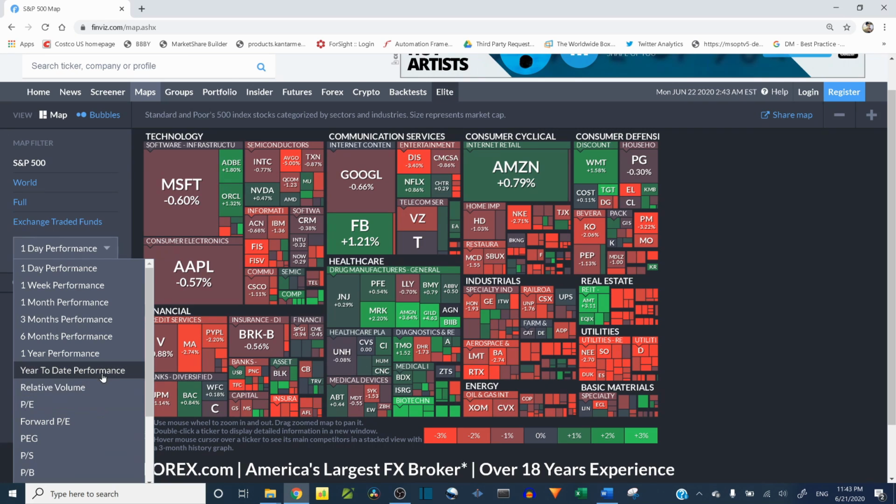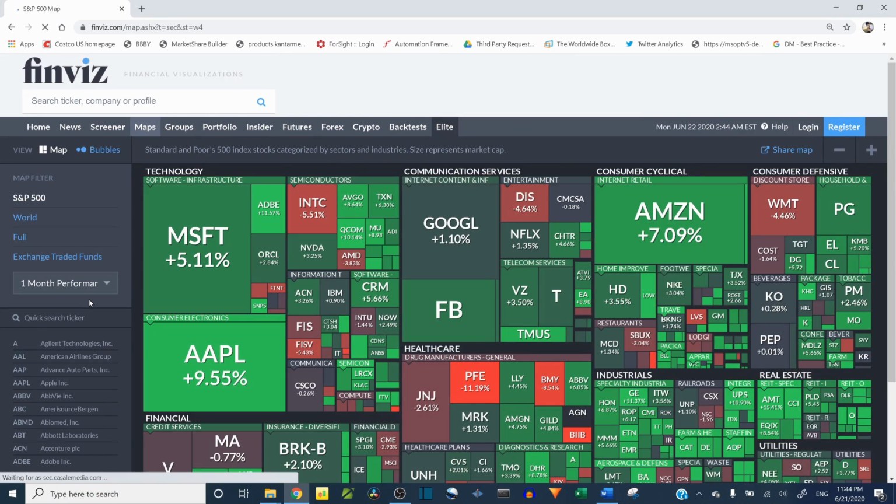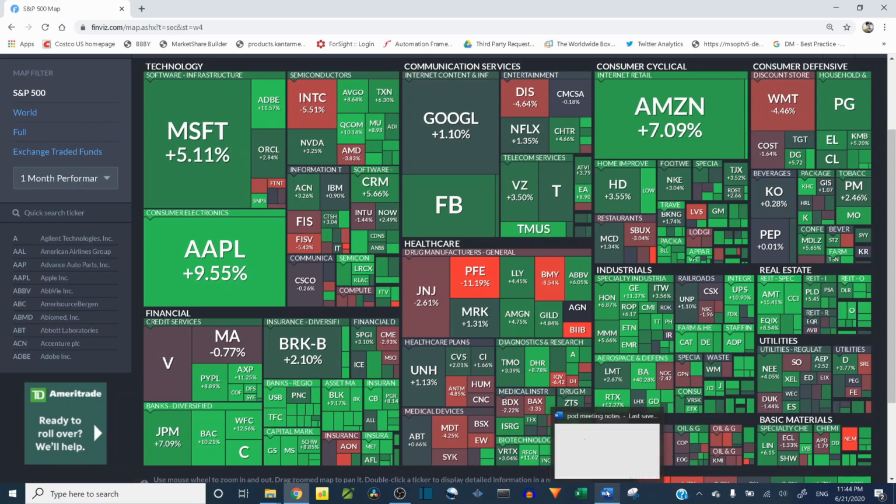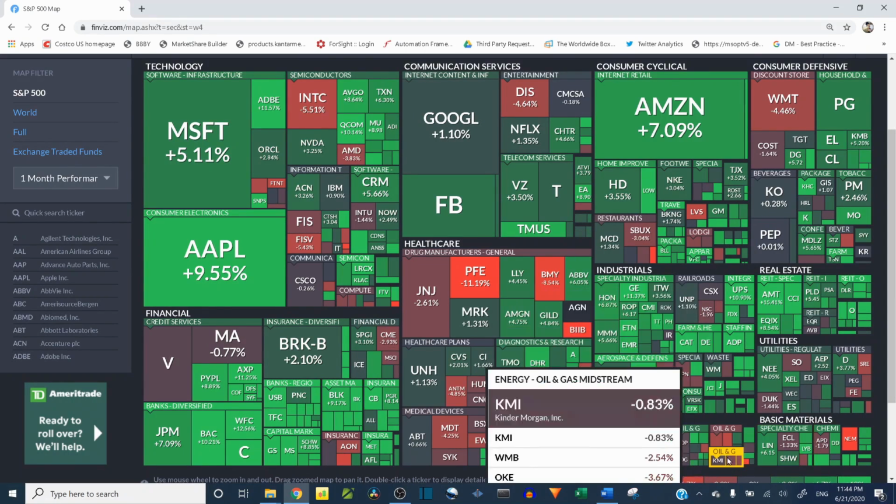Now, what's nice about this is that you could actually filter to a higher granularity of performance. So if you click on 1 month performance, you could see all stocks performed pretty well in general, except maybe healthcare and energy.